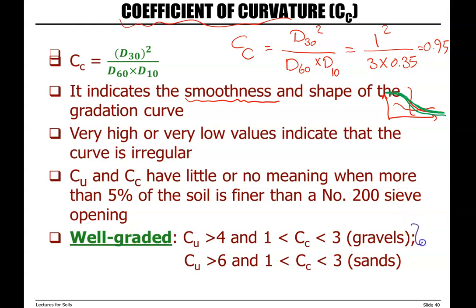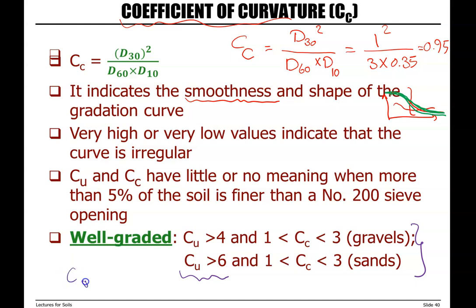These two lines are the statements you can use to determine if a gravel sample is well graded or if a sand sample is well graded or not. A well graded sample is a sample where we have a high Cu.